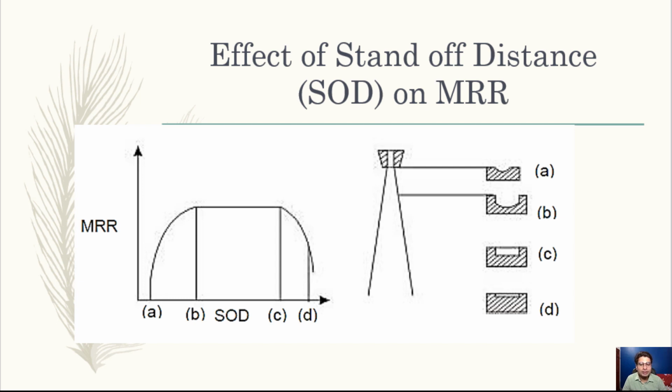Decrease in standoff distance improves accuracy, decreases kerf width and reduces taper in the machined groove. However, light operations like cleaning, frosting, etc. are conducted with large standoff distance. The approximate value is around 12.5 to 75 millimeter for different materials to be processed.